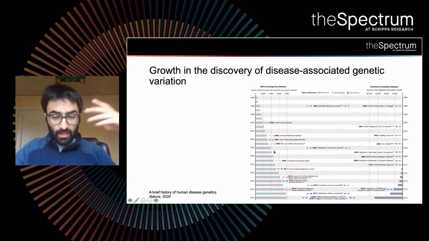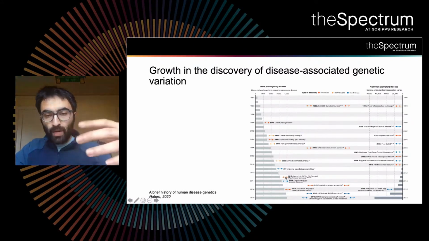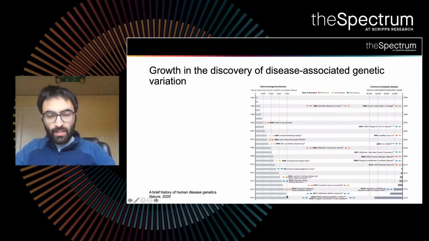These are severe diseases that are generally caused by a single mutation that is destroying the function of a specific gene. And then as time goes by, we started to pick up thousands of these cases. And with more delay, we started to pick up on similar signals for common diseases.